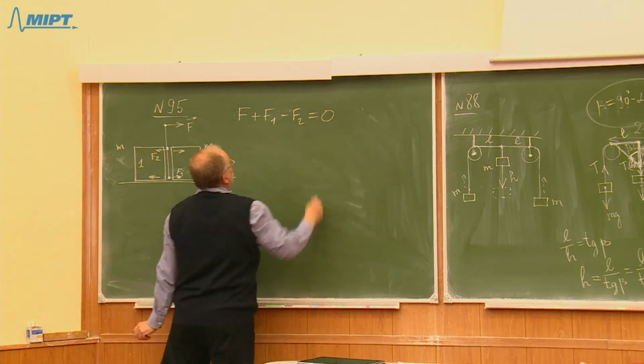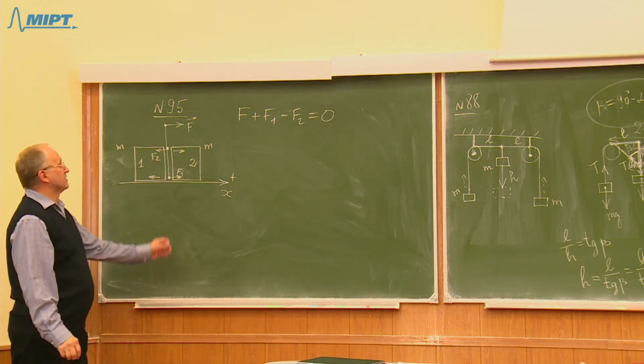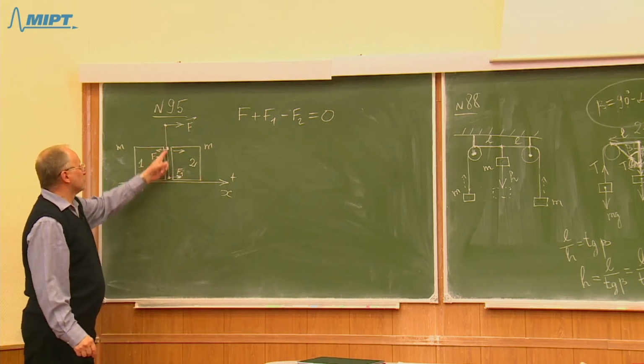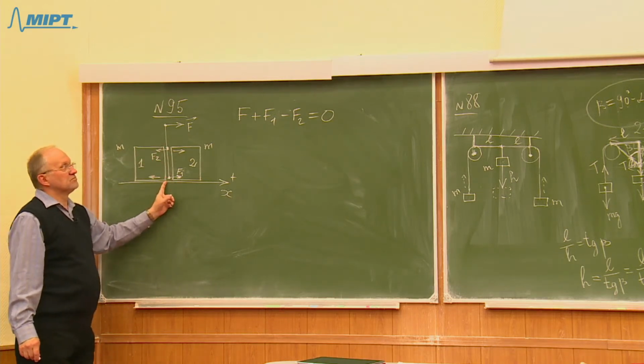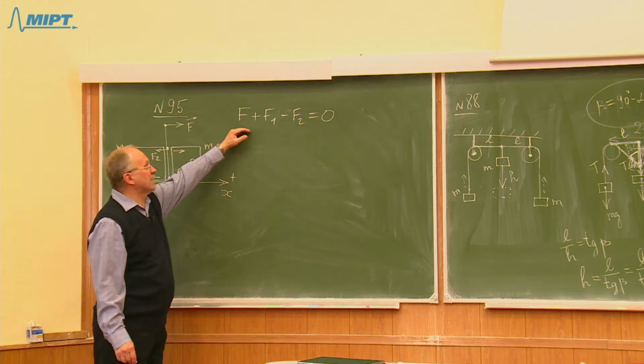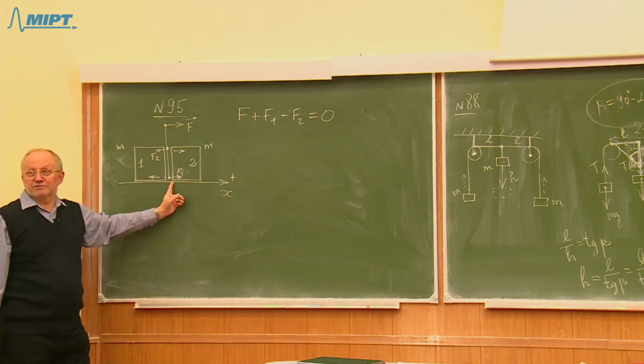And all these forces must cancel each other. They must produce 0, because originally the rod is at rest. It does not move.